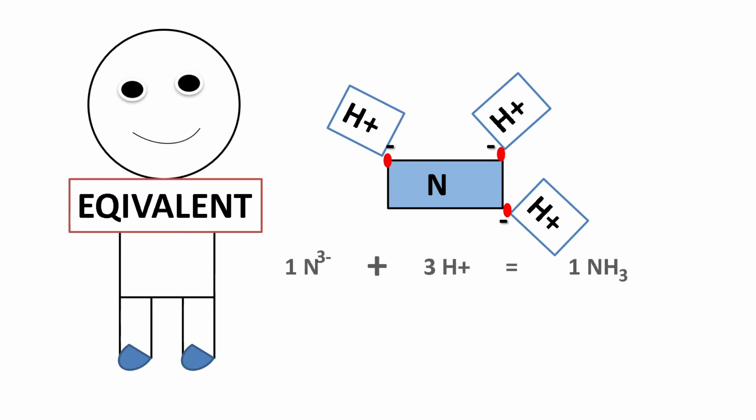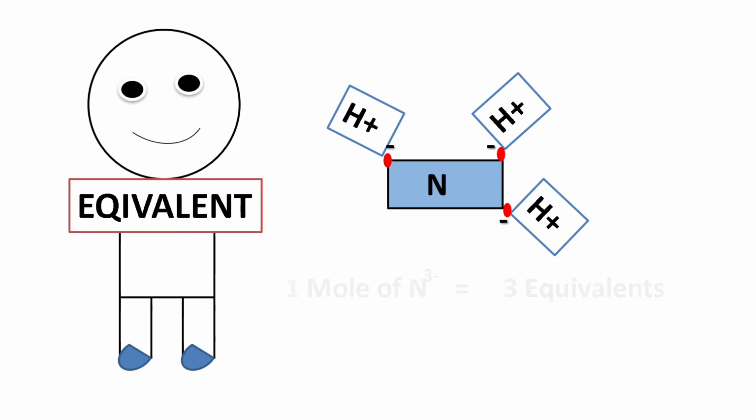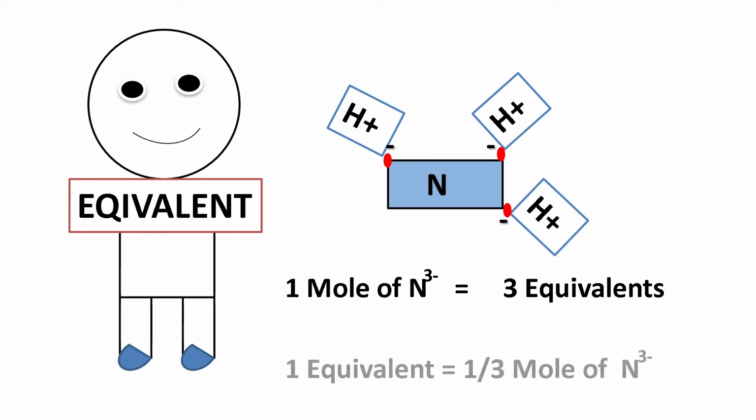Therefore, 1 nitrogen will react with 3 hydrogen ions to form 1 molecule of ammonia. That means 1 mole of nitrogen will require 3 moles of hydrogen to form 1 mole of ammonia. Therefore, we can say that 1 mole of nitrogen is equal to 3 equivalents, or 1 equivalent is equal to 1/3 mole of nitrogen.